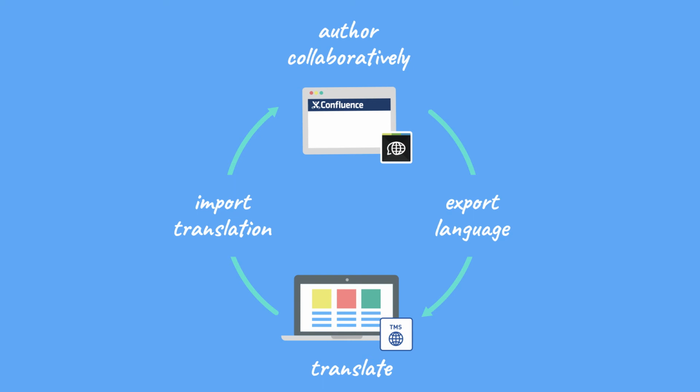Create the default content in your original language. Then you export this language and import it to an external translation management system. Translate it here automatically or with an agency. And then you import that content back to Confluence, and you can display it to the web using Scroll Viewport.